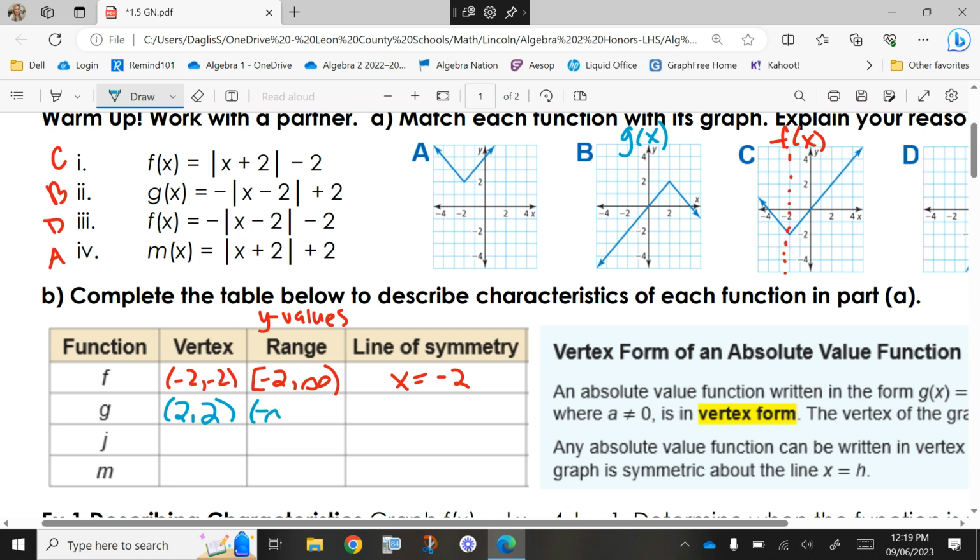Good. -infinity up to 2 because it got reflected. Remember interval is our lowest to our highest. So it's going to go as low as -infinity for your y's, but stop at a y value of 2. Good. And our line of symmetry for this one? X equals +2. Good.